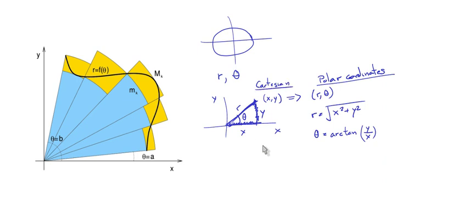That's how you go from Cartesian to polar. How do you go from polar to Cartesian? Well, it's easy to see from here that x is going to be r times the cosine of theta, and y is equal to r times the sine of theta.